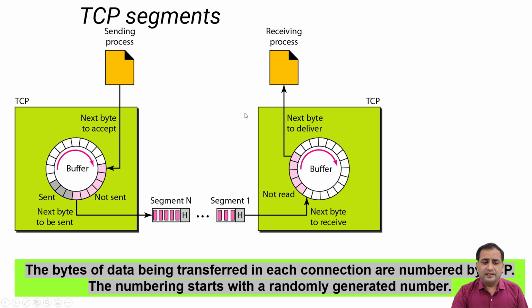Now look at this diagram. On the left hand side you have a sending process, same as earlier. On the right hand side you have the receiver process, right? The bytes of data being transferred in each connection are numbered by TCP. So each byte is numbered, right? The numbering starts with a randomly generated number.